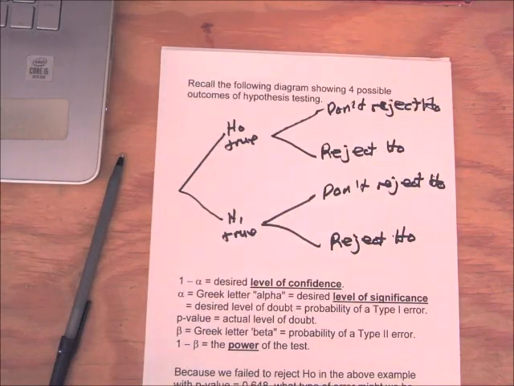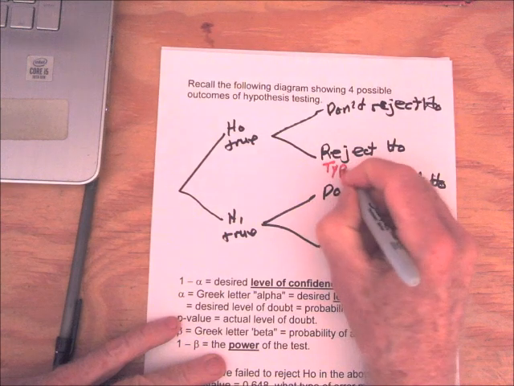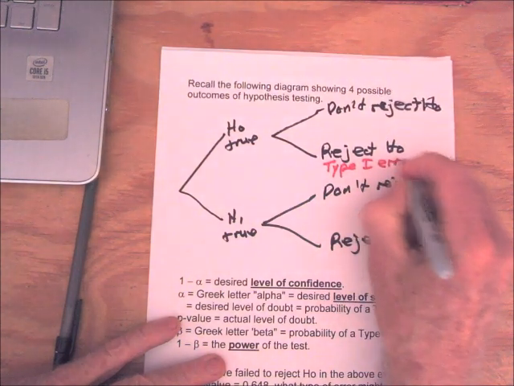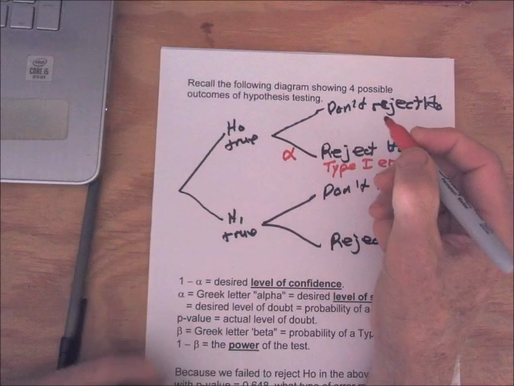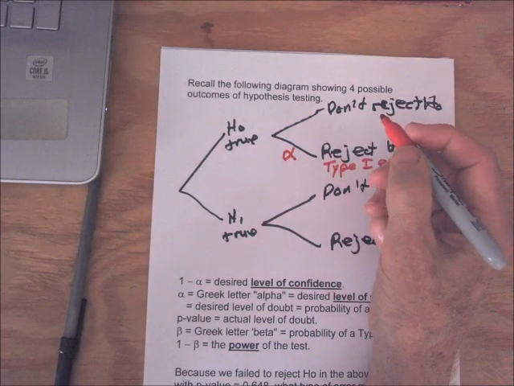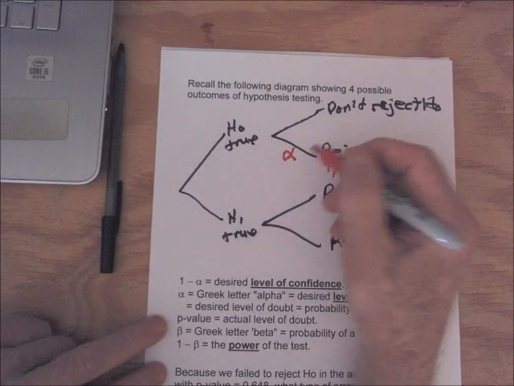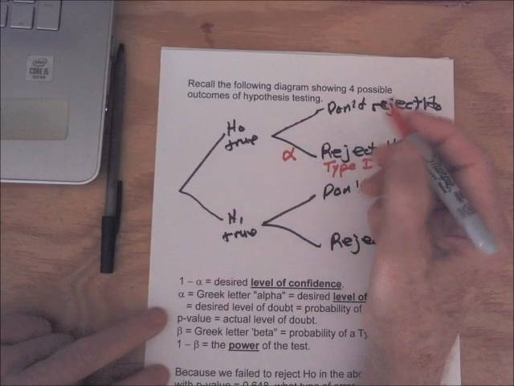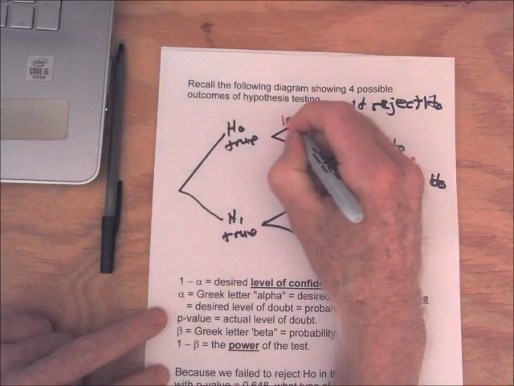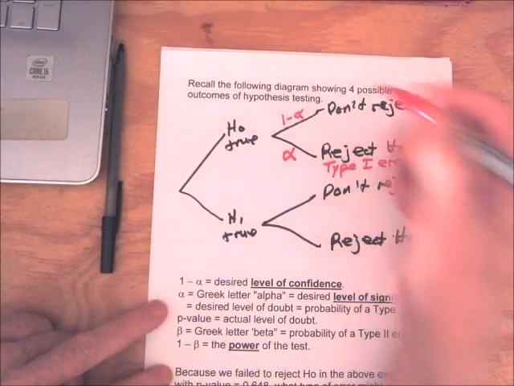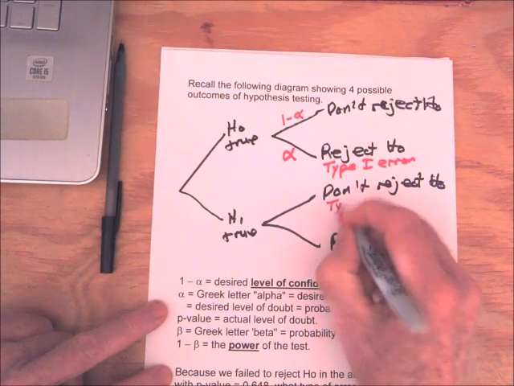If we reject H naught and H naught is true, that's called a type 1 error. The researcher determines how cautious they want to be about making a type 1 error, and that's alpha, and often it's going to be 0.05 or 0.01. We'll usually use 0.05. And then the confidence level would be 1 minus alpha. If we don't reject H naught and H1 is true, that's called a type 2 error.